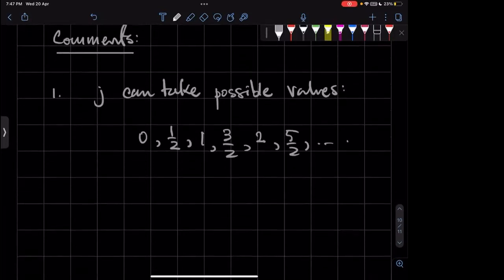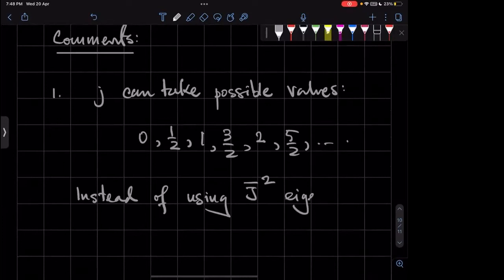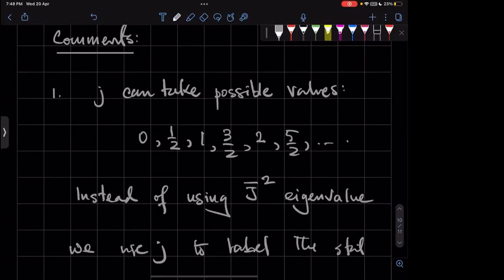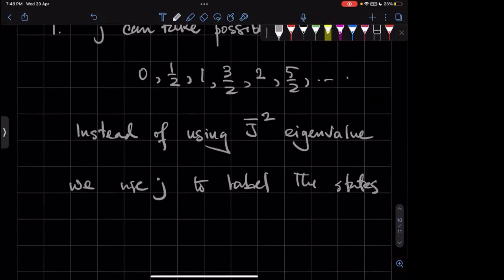Instead of using the J squared eigenvalue, we use J to label the states or vectors, even though J is not an eigenvalue of any operator.